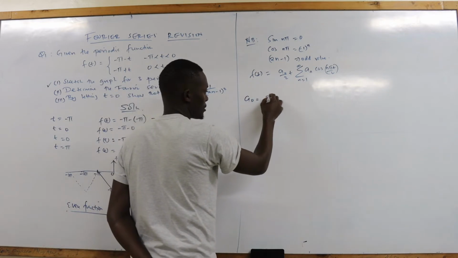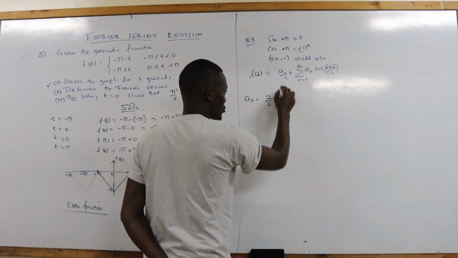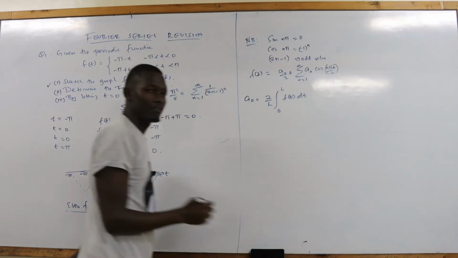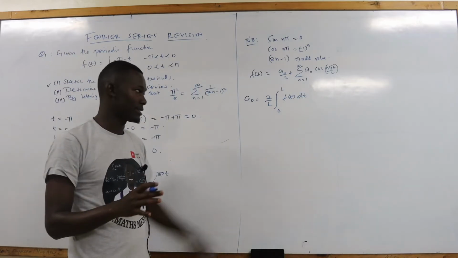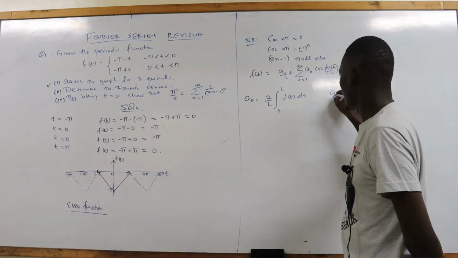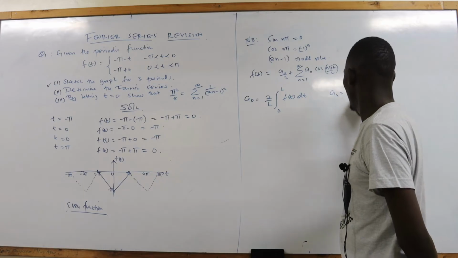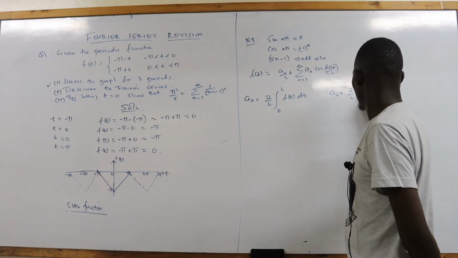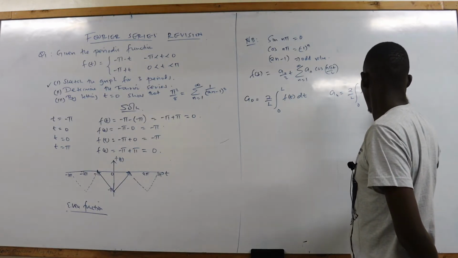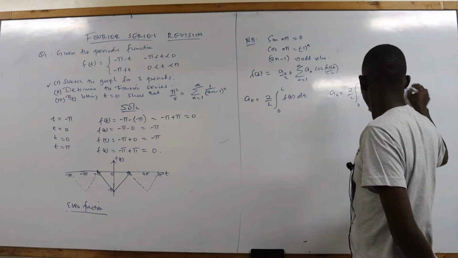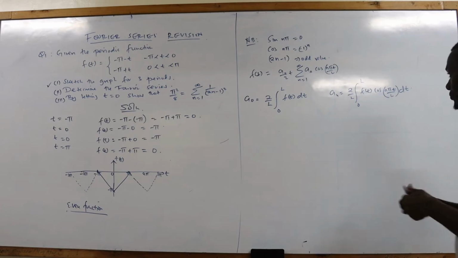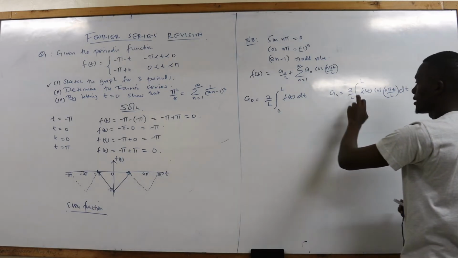A0 will be given by 2 over L integral from 0 to L of f(t), because we know that our function is even. Very important formula. Then I'll explain something here. AN will be given by 2 over L integral from 0 to L of f(t) cosine(n pi t over L) dt. So this one is cosine, alright? This one is cos. So we have 2 over L of f(t).